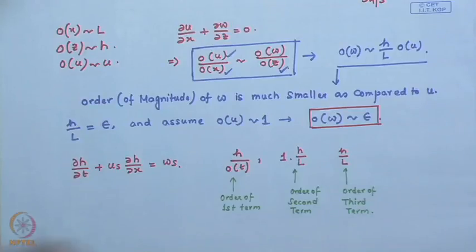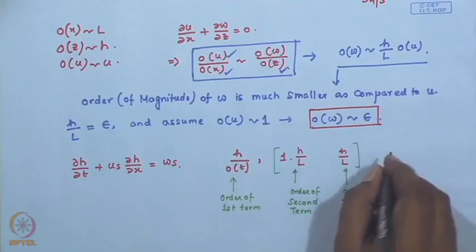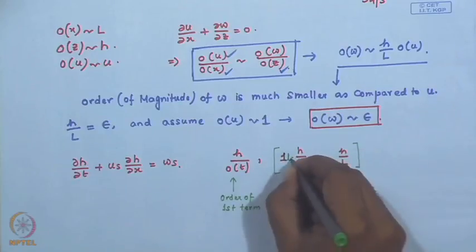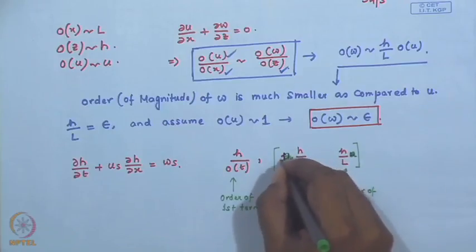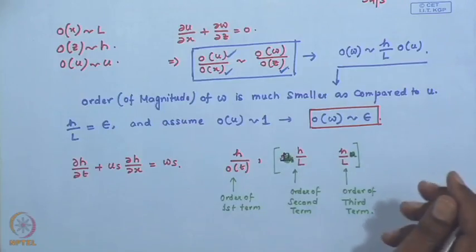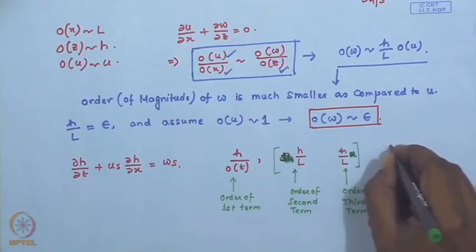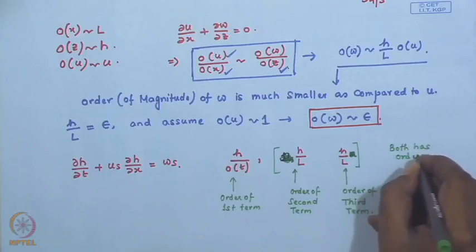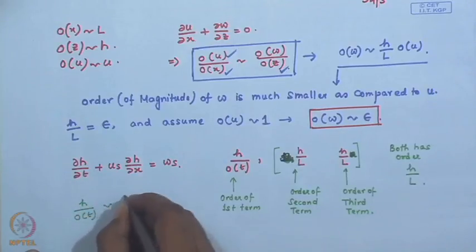third term. So, you can see that the orders of the second and third term, this is u and this is also u, but u is of the order of 1. So, this is h by L, this is perfectly fine. So, the second and third term both have the order of h by L, and the first term is h by order of t. So, these two now match.